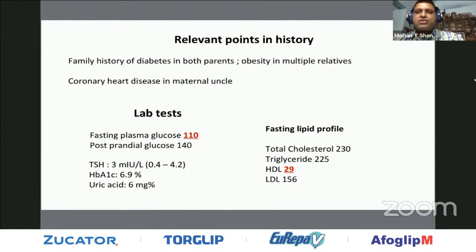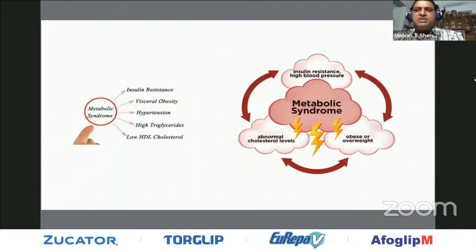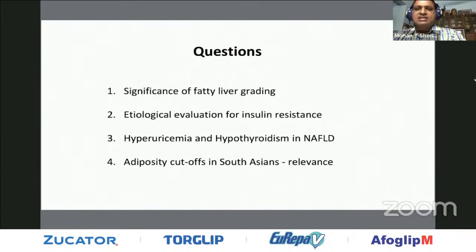So this is only a brief outlook for the first case, and I will just prelude to the first speaker. The main concern in this patient, with a strong history of diabetes and family history of heart disease, is the risk for all the consequences of metabolic syndrome. The insulin resistance marker is also high. The ultrasound also shows fatty liver, grade 2.